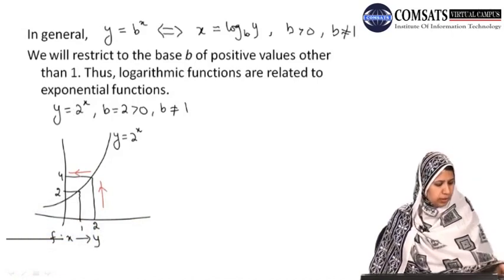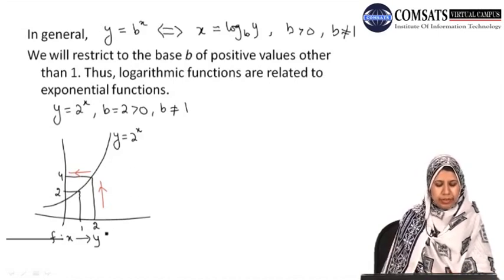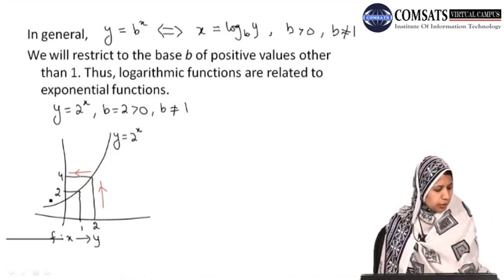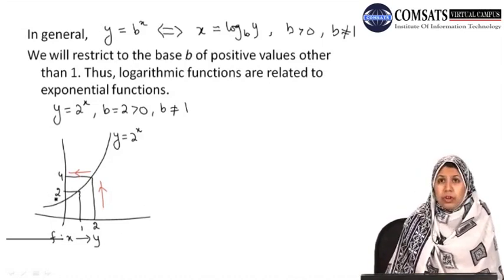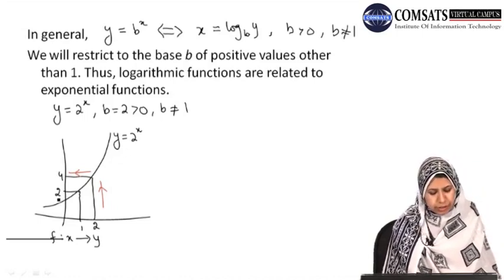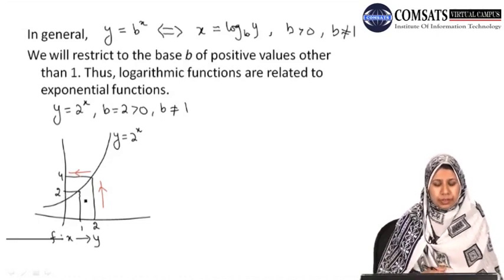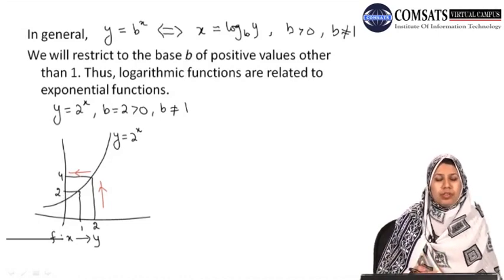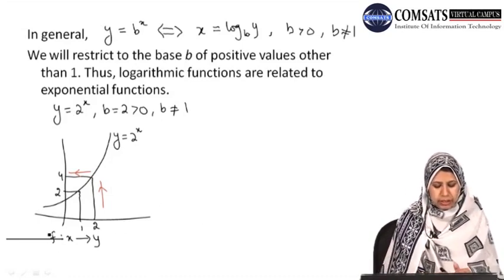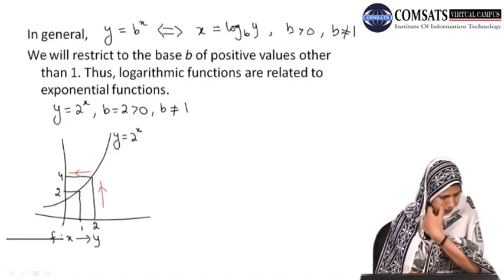That is, f sends an input x to the output y. When the input is 2, the output y is equal to 4. And the output is always positive. If we recall from our previous lecture, the range of exponential functions is always the positive real line, that is, the graph always lies above the x-axis. So, f is sending any real number x to some positive number y.